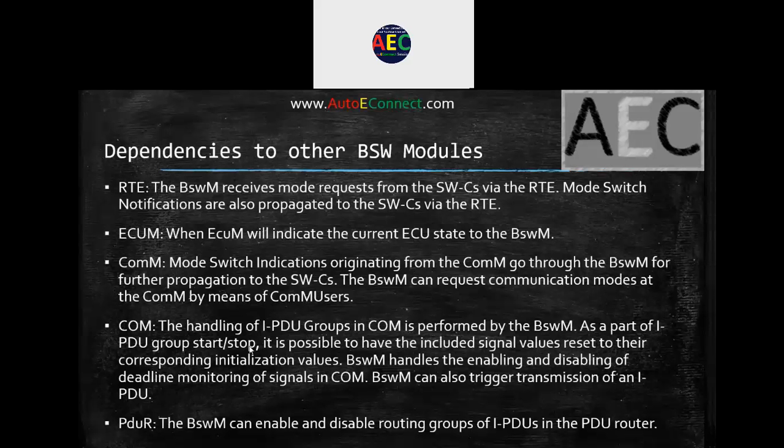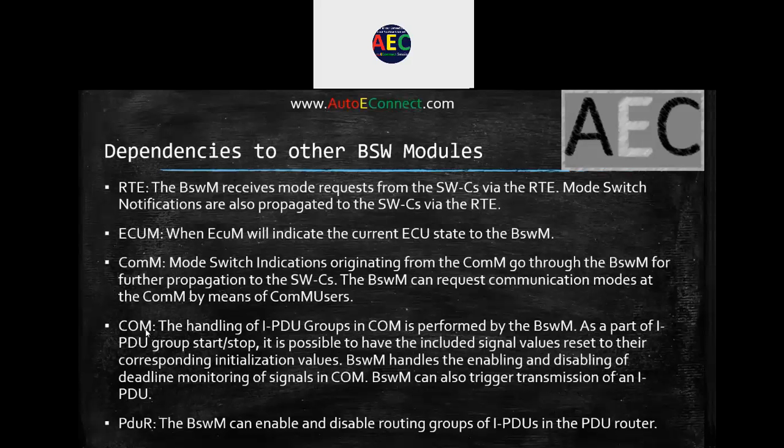So this can be achieved using the COMM user configuration. BsWM can also trigger transmission of an IPDU. Okay, we are talking about the communication manager. Next, go to the COM.